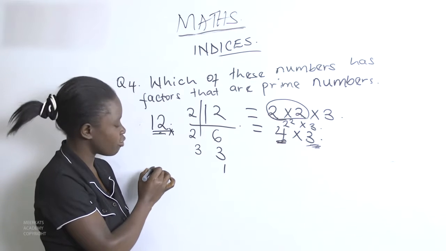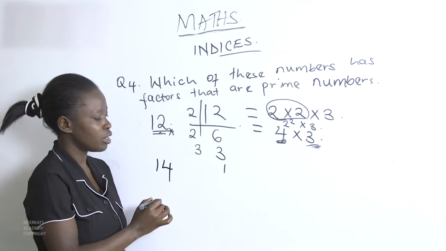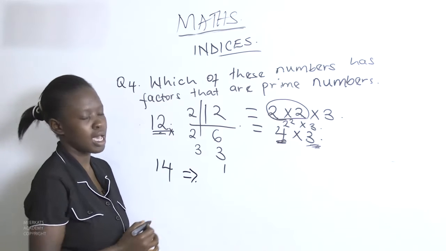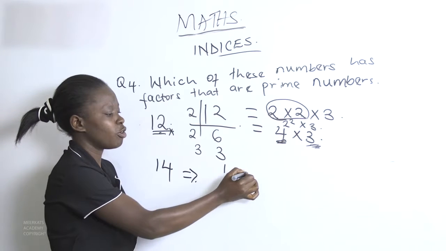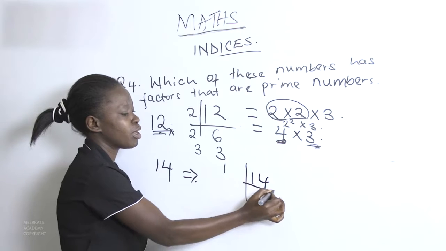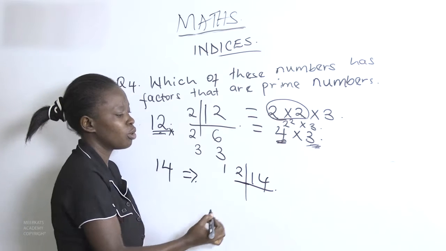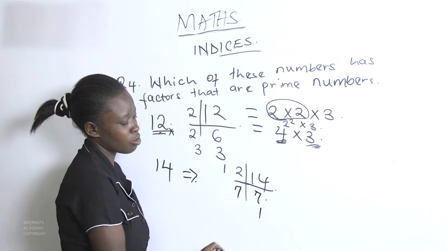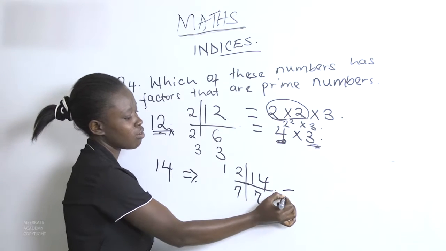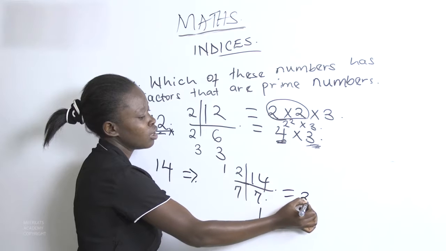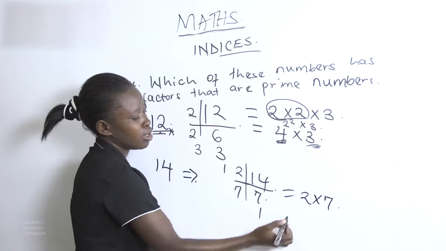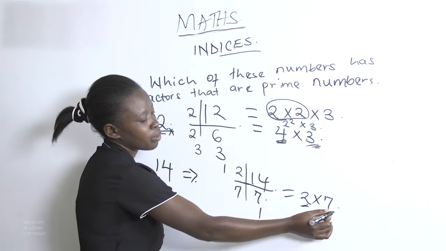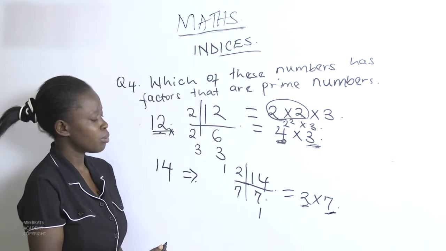Another number we have is 14. So we need to find out the factors making up 14. The first prime factor I have is 2. 2 into 14, that is 7. 7 into 7, 1. So we discover that 14 is given by 2 times 7. 2 is a prime number. 7 is also a prime number.